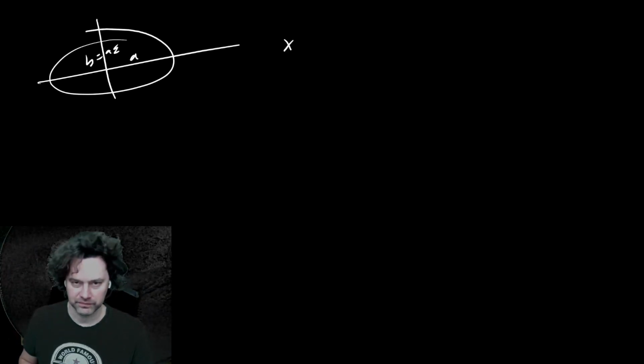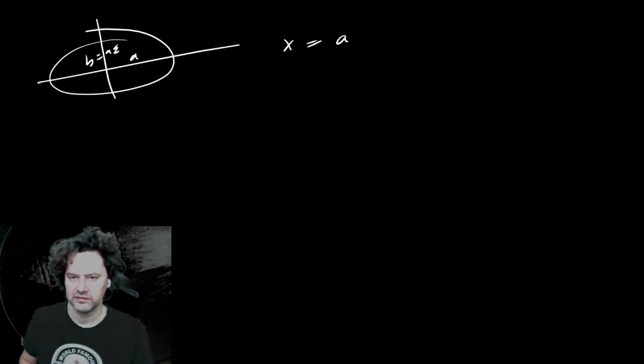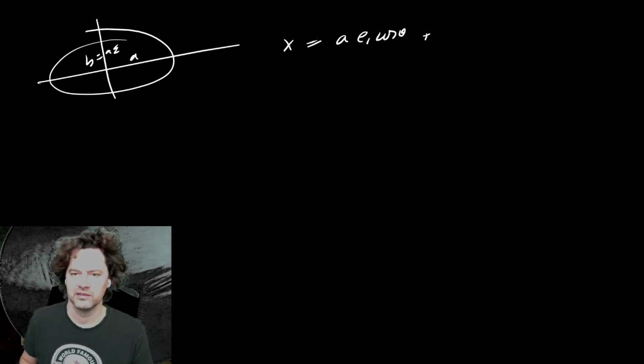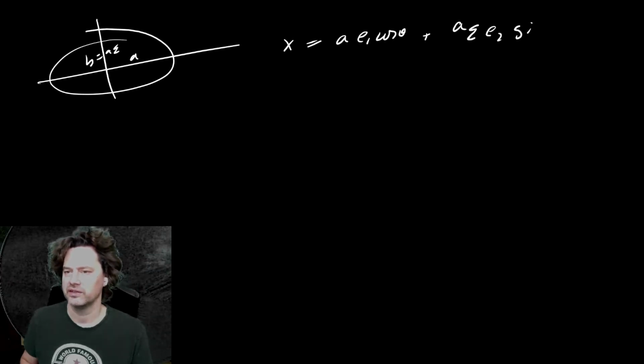And a good example of that would just be an elliptical parameterization. So say we have A and a semi-minor axis of A epsilon, so B is A epsilon, and we take x to be A e1 cos theta plus A epsilon e2 sine theta.